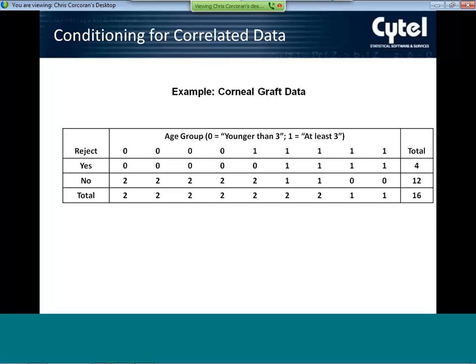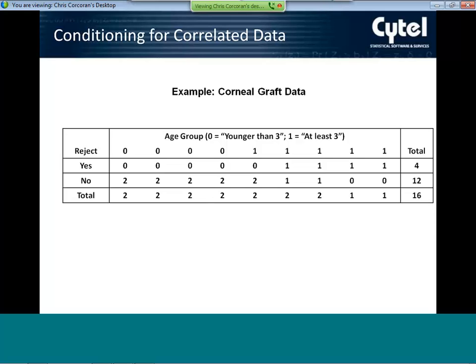You can see that I'm representing these data now in a slightly different way than you saw on that original slide where I presented this example. Here, each column in this table corresponds to a child in the study. The column margins tell you how many grafts were performed on each child.